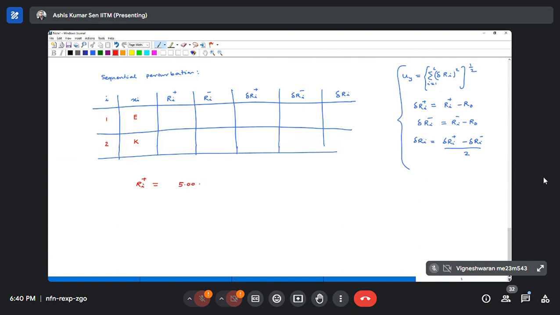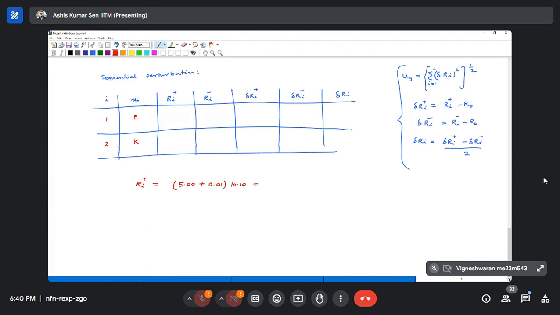There you have to bring in the perturbation. That means the corresponding uncertainty UE is plus minus 0.01. So 0.01, right?